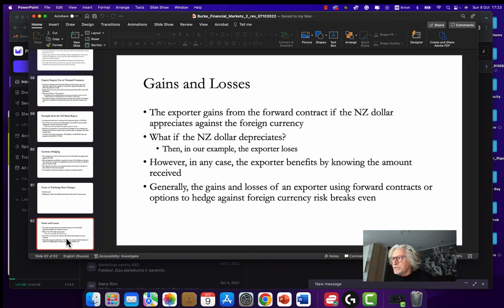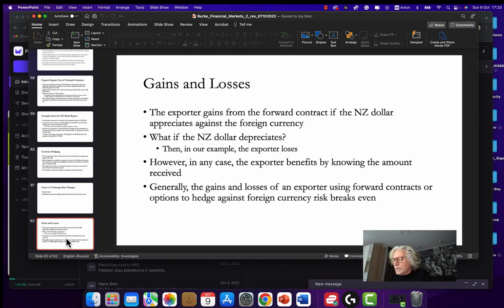One thing I didn't mention is that there is an alternative. The exporter could use exchange option contracts. And as we have discussed, in exchange option contracts there is no obligation to exercise the right if it isn't going to benefit you. You could just let it lapse.